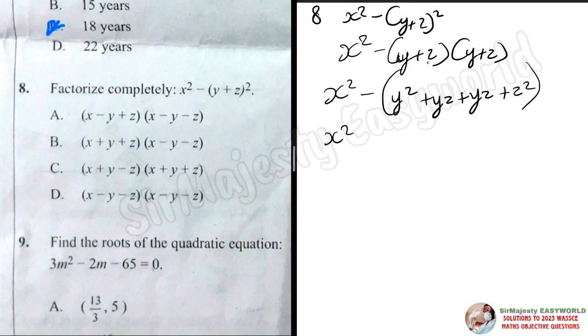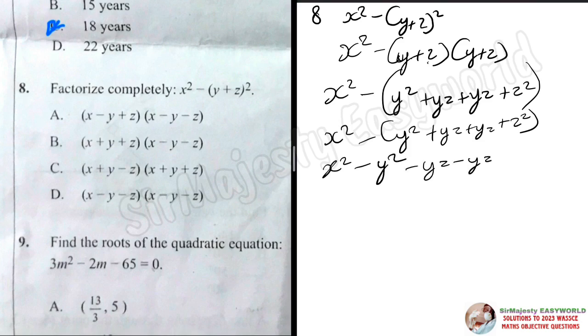So this will be x squared minus (y squared plus yz plus yz plus z squared), let's leave it in expanded form because we want to factorize. So this minus will multiply everything in brackets. So this will be x squared minus y squared minus yz minus yz minus z squared.